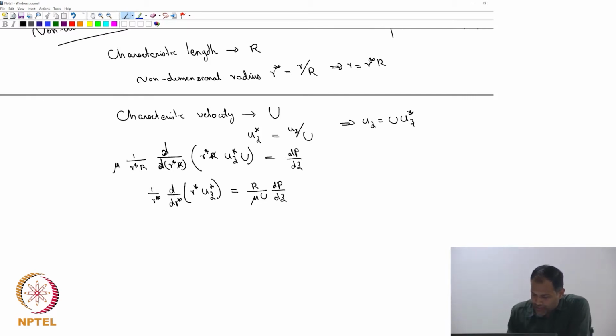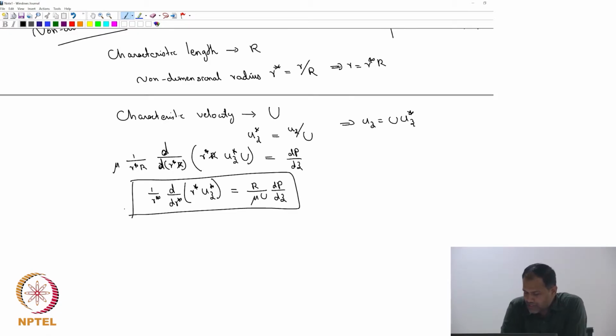So, you look at this equation now. This tells a whole lot of things. The right hand side is R squared by mu U times dp by dz.